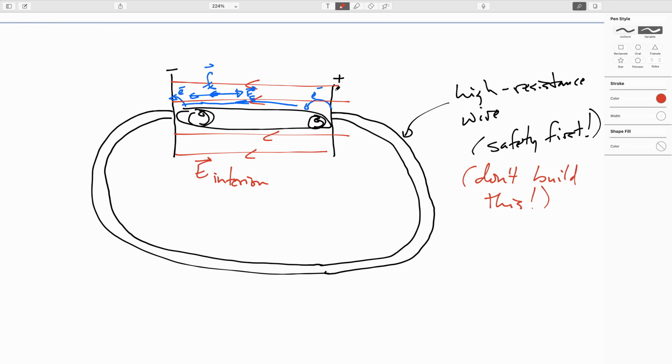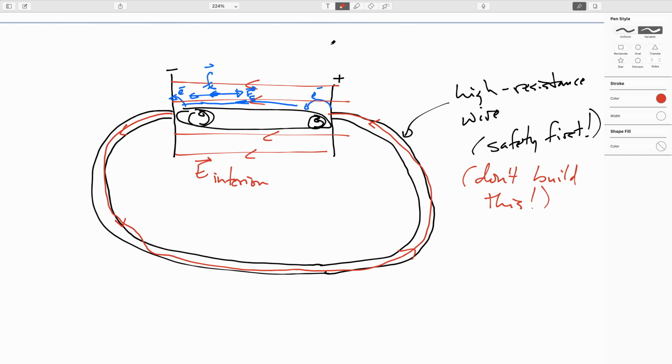Because remember, since these are not infinite plates here in my thought experiment, this means we must have a fringe field. So again, what will happen is our fringe field will look kind of dipole-ish, and it turns out that it'll bend around to match the shape of the wire exactly in this case.